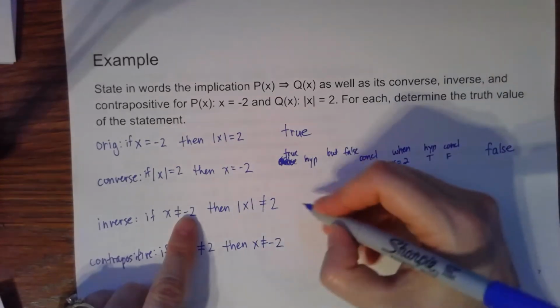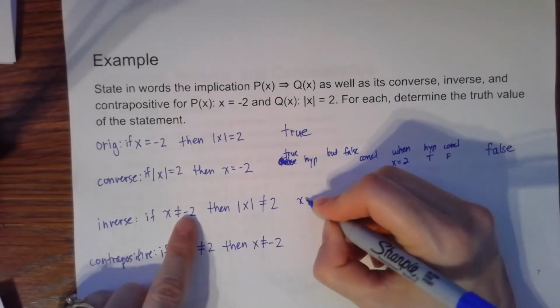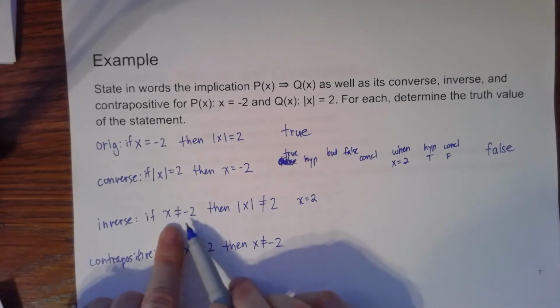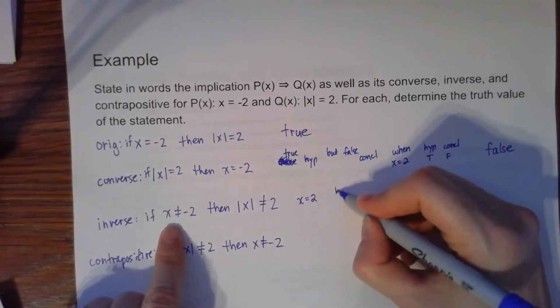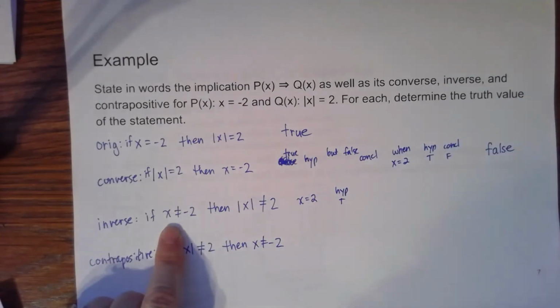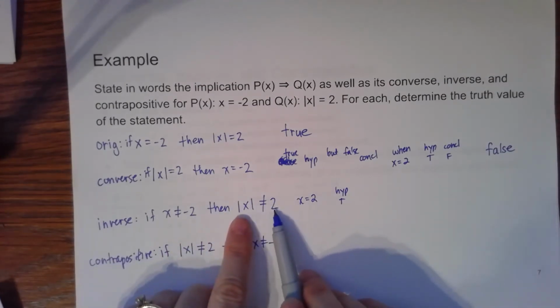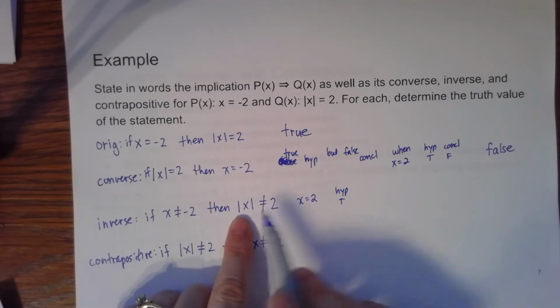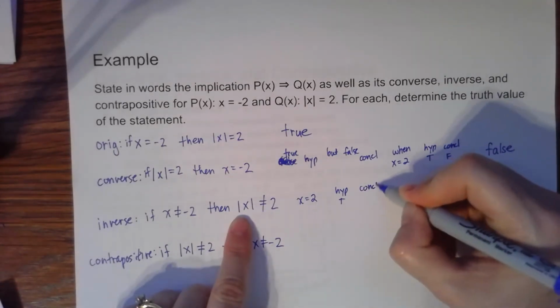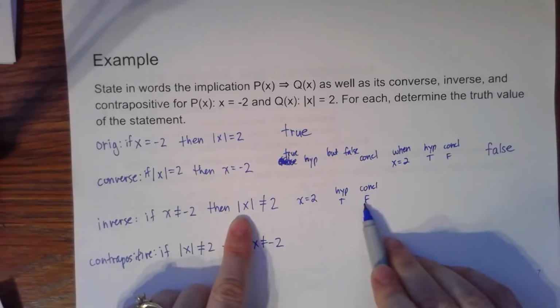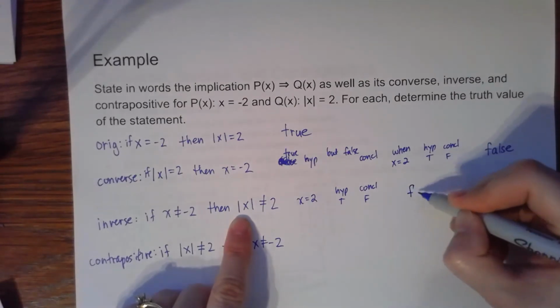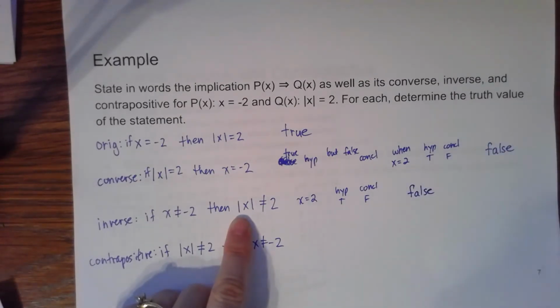Well, yes. When x equals 2, 2 is not -2, so my hypothesis is true. But the absolute value of 2 is equal to 2, so my conclusion would be false. True implies false is false, so this one is also false.